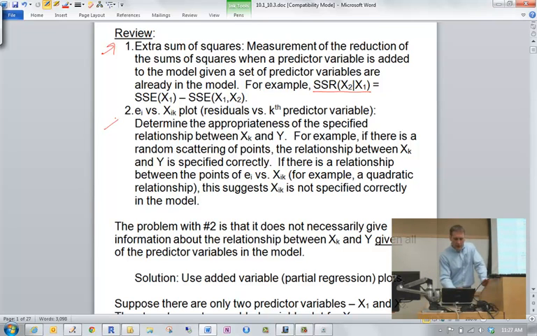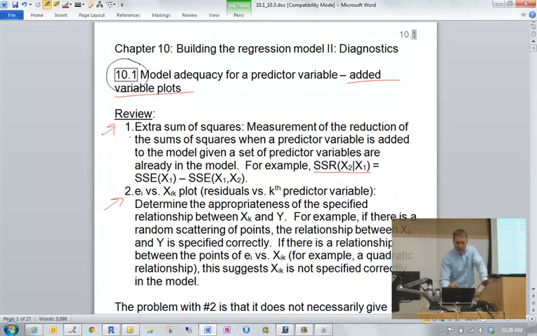In Chapter 3, we also talked about a plot of the residual versus your predictor variable. We said something like this: here's my residual, here's my predictor variable. If I have just a simple random scattering of points, then x is in the correct form for our model.